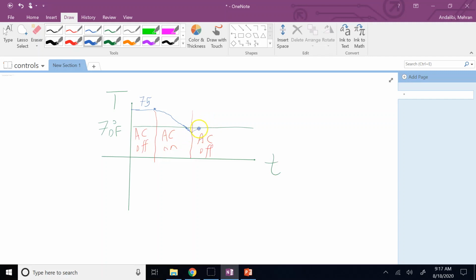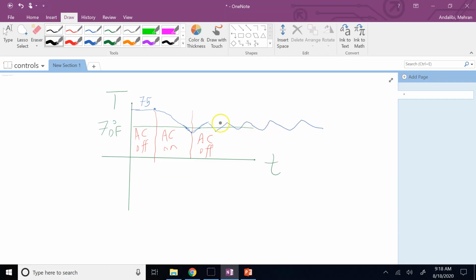So it goes back on, but you are probably at 71 by then, and it continues this kind of behavior. Okay, so you might never exactly settle at 70. You will go between two temperatures, let's say 71 and 69, or 72 and 68, or something.